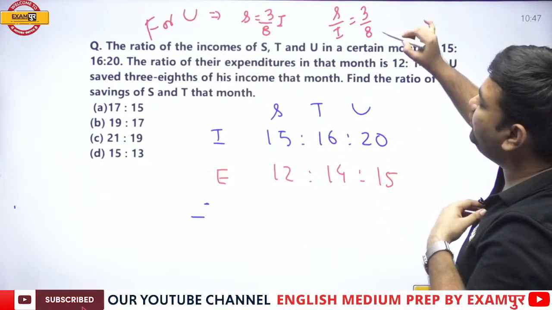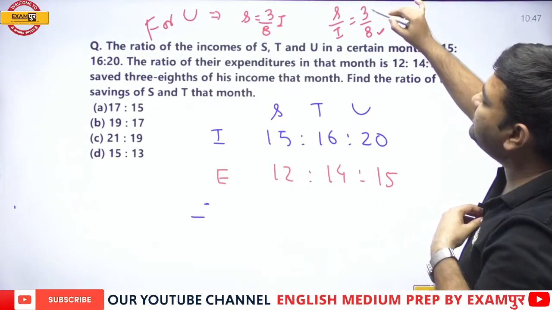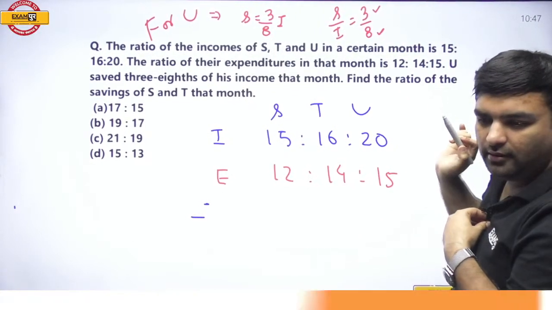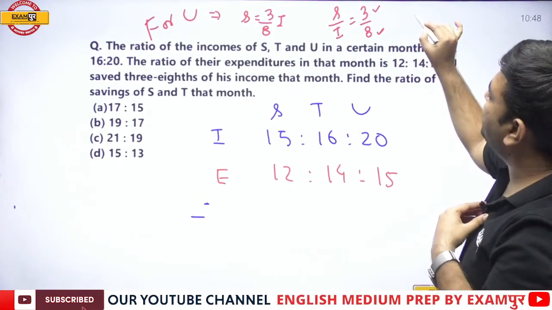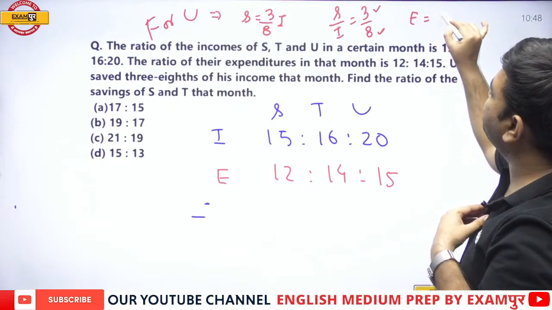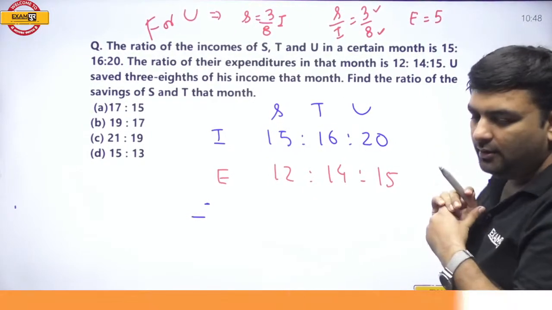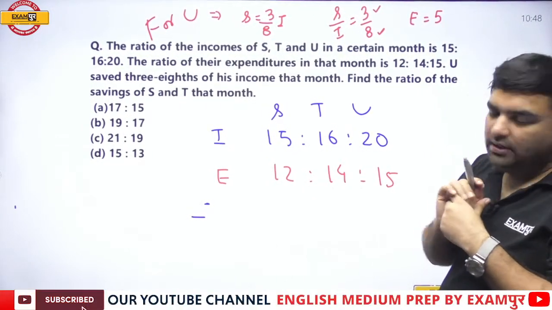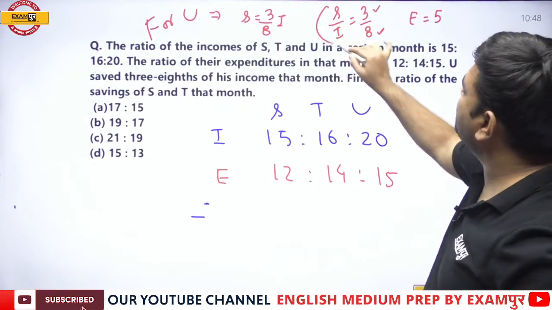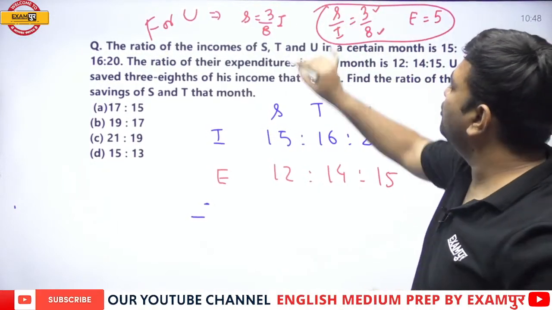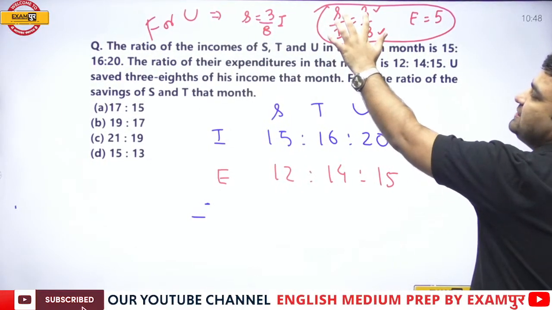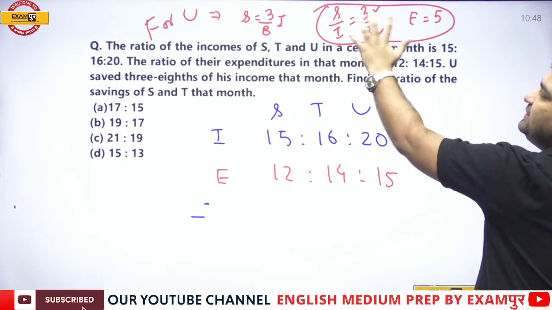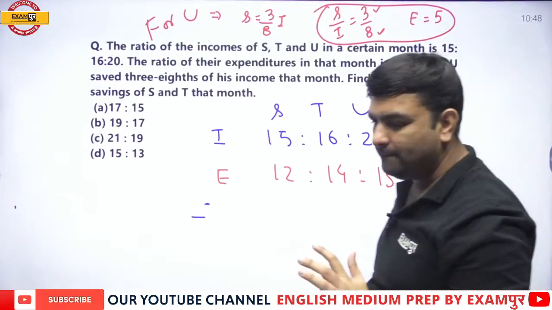Can I say if U earns 8, then he saves 3? So his expenditure is 5. So for U, all the data is known: income is 8, saving is 3, so expenditure is 5.